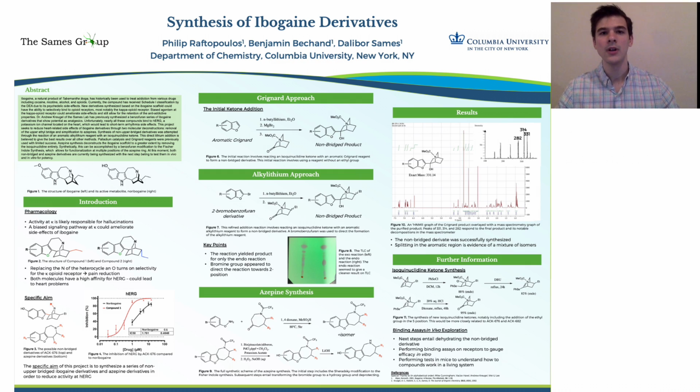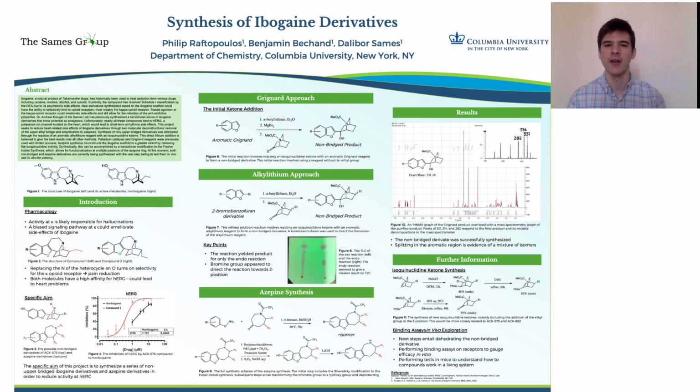Although derivatives with this oxygen included as a substituent would be very interesting to pursue, they all have a high affinity for hERG. hERG is a potassium ion channel in the heart that allows our heart to beat with a regular rhythm. If you look at the binding data for compound 1 in comparison to noribogaine, you can see that both bind strongly to hERG, and this would lead to arrhythmia-like side effects.